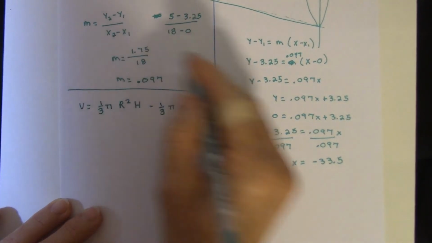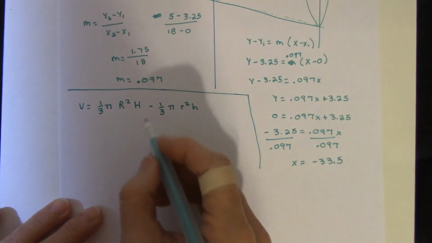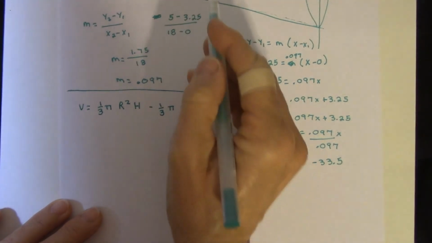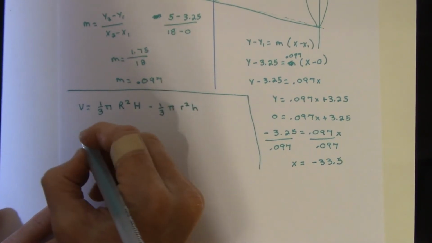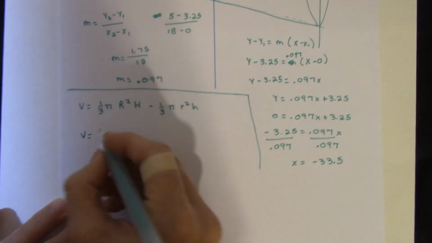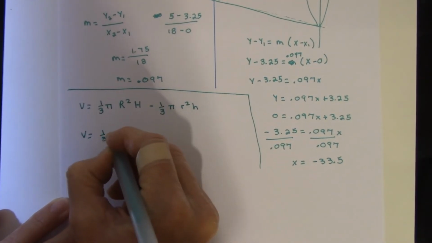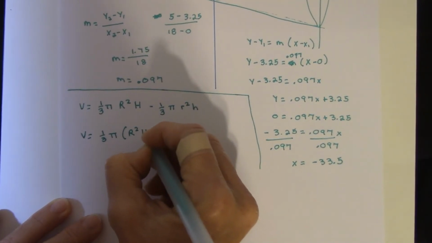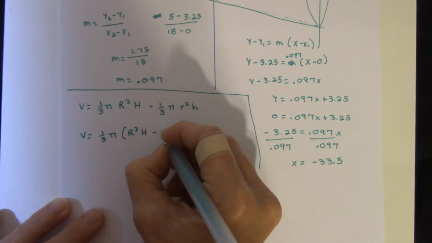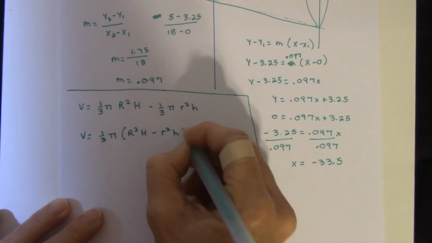So it's the volume of the whole big cone minus the volume of the top, and that'll give me the volume of the green glass. I'll take out the 1/3 pi, and it gives me R squared H minus r squared h.